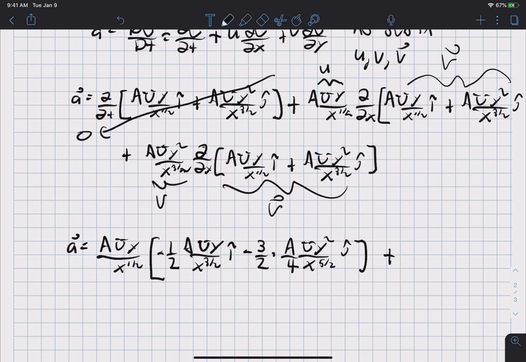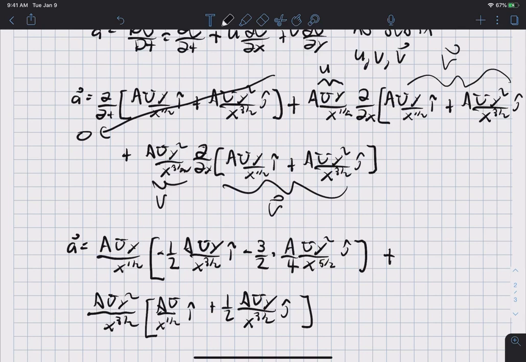So small v, which is a u y squared over 4x to the 3/2, times the y derivative of the velocity vector here. And so subbing that in and just doing the calculus there, that's a u over x to the 1/2 power i hat plus 1/2 a u y over x to the 3/2 j hat.